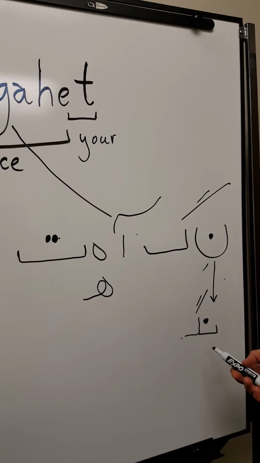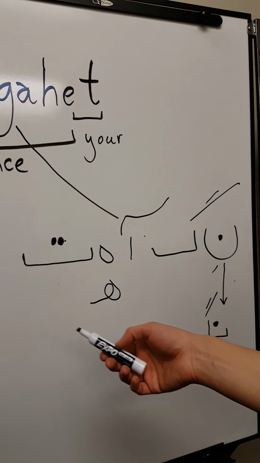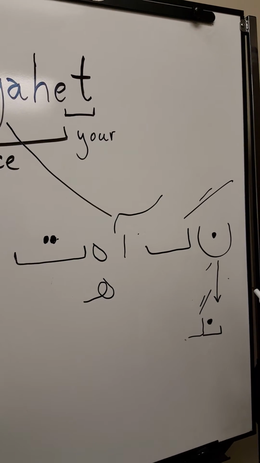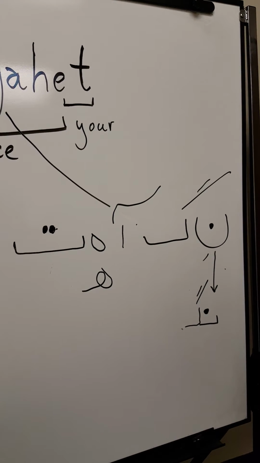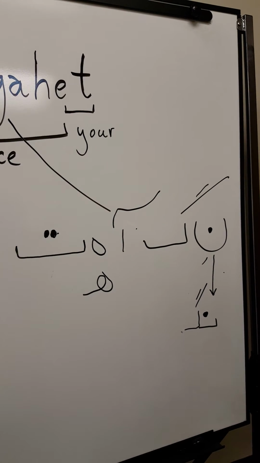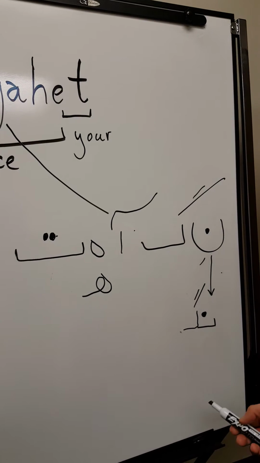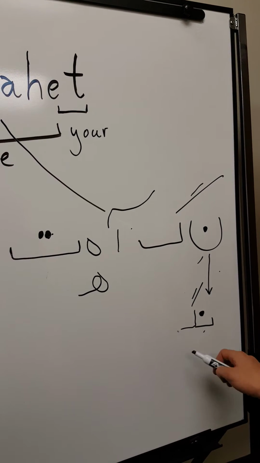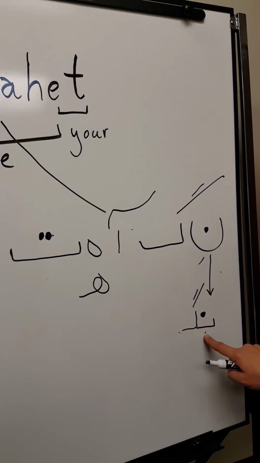So maybe in one city, they say negahet, but in another city, they say nagahet, or they say negahet. So they're like different types of expressing it. But for me, the original version is negahet. The Arabs bring E in here.